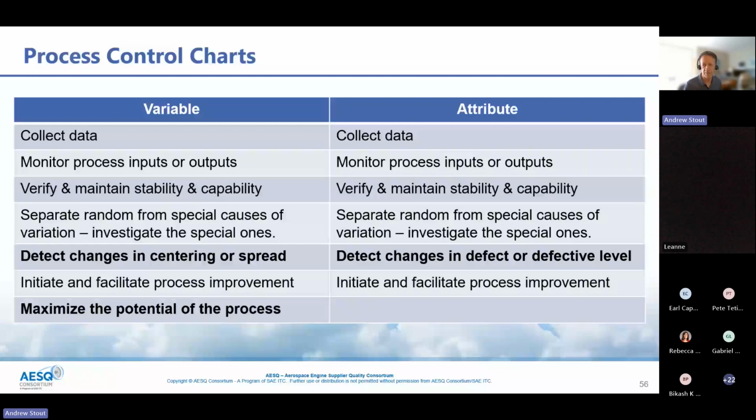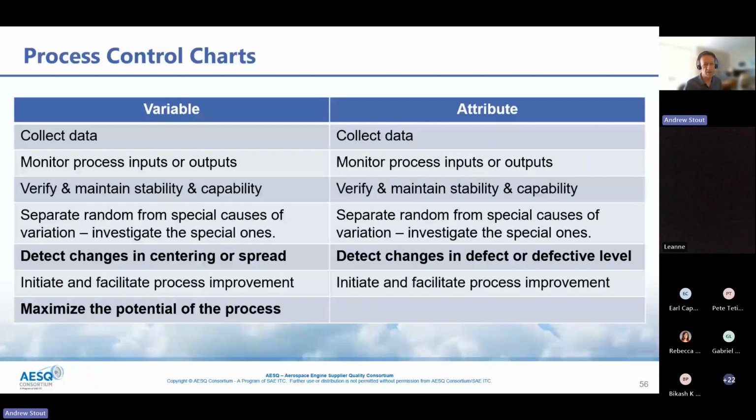For variable control charts, it's changes in centering or spread. Whereas for attribute control charts, it's changes in a defect level or defective level. Defective means the whole part is considered defective, whereas one part can have many defects. So that's probably the biggest difference.